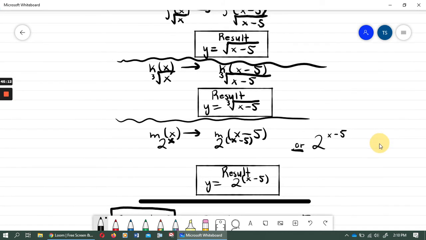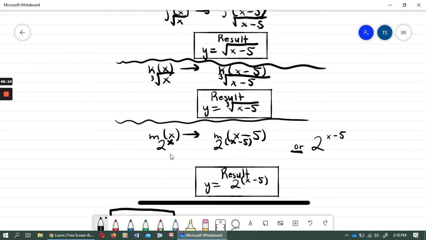And then the last one, for example 1, is this exponential function that has a base of 2. Again, the part that is inside of this function is your exponent.